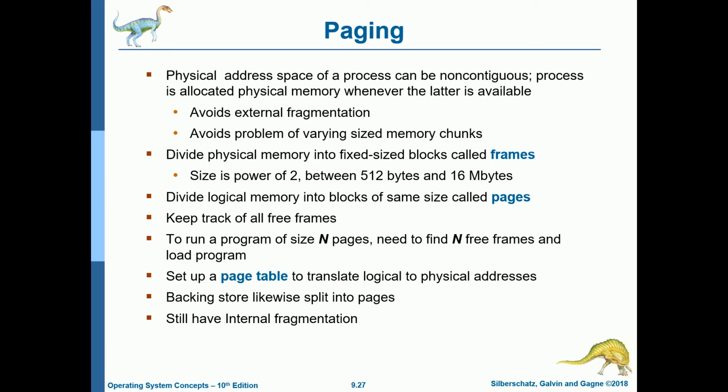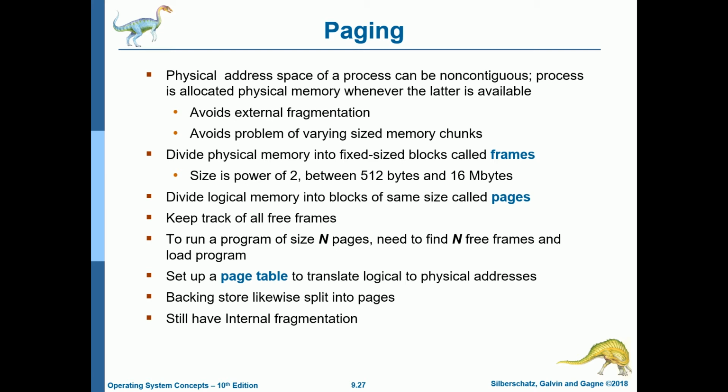The basic method for implementing paging involves breaking physical memory into fixed-size blocks called frames, and breaking logical memory into blocks of the same size called pages. Frames are physical, pages are logical. When a process is executed, its pages are loaded into any available memory frames from their source.